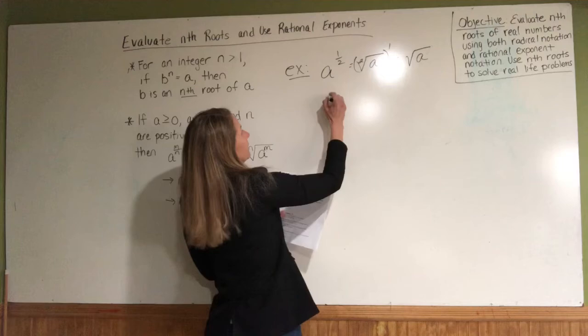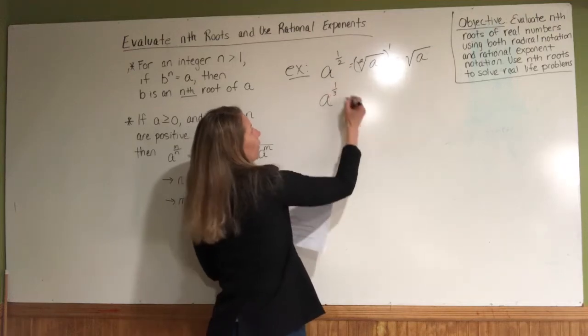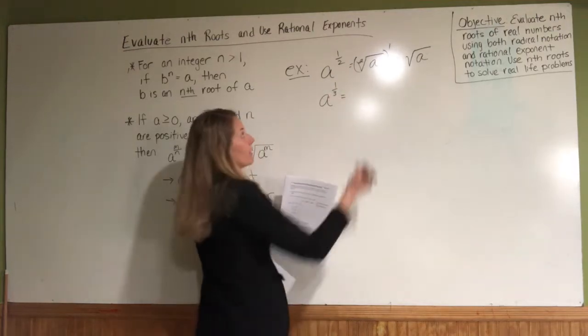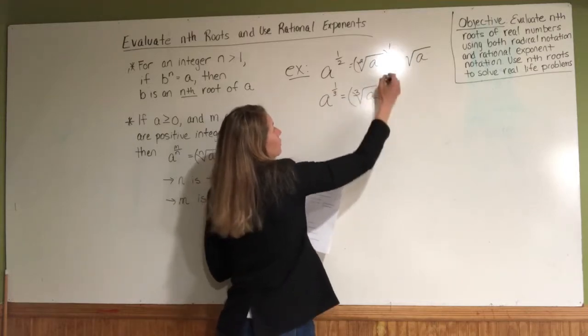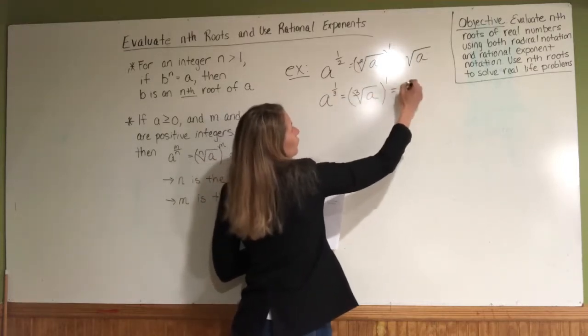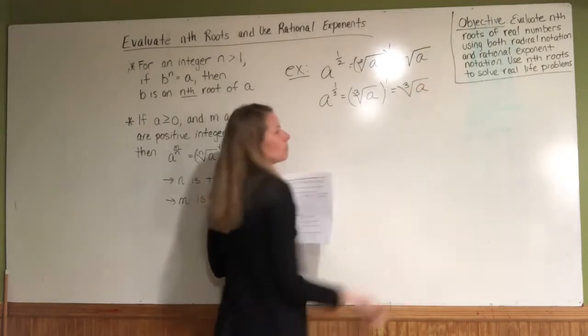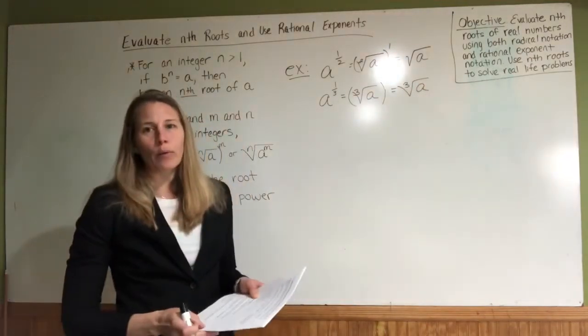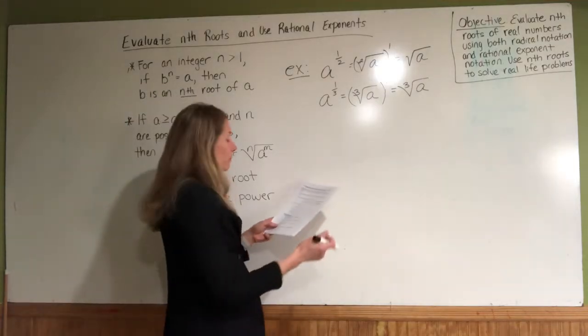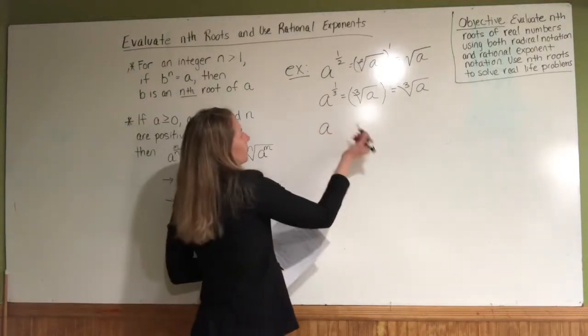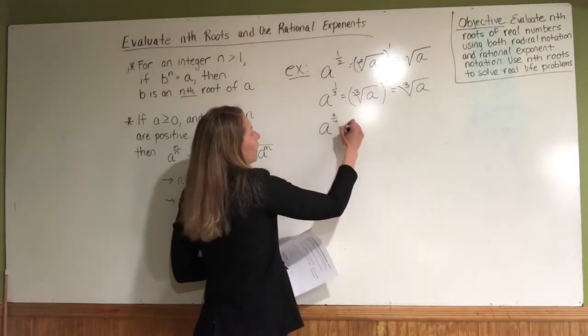Another example would be, let's say, if I had a to the 1/3 power. This could be written as the cubic root of a, again, to the first power, which of course we don't really need to write, because when something is raised to the power of 1, it's just going to be that number itself, or that variable. So what if we had, let's say, a to the 3/4 power?